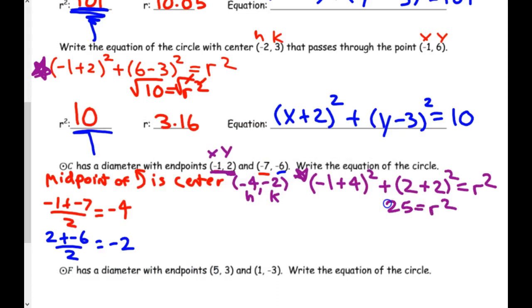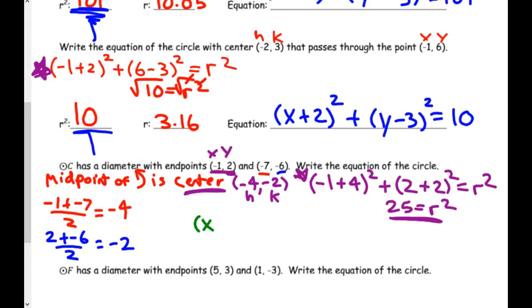So I know this is a long process, but we have our center, we have r squared, and that's all you need to write an equation, right? So our final answer, I'll put it in green here.